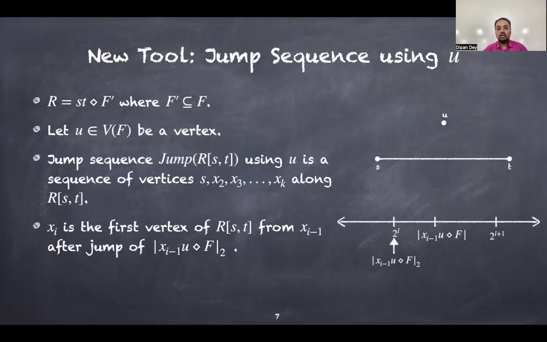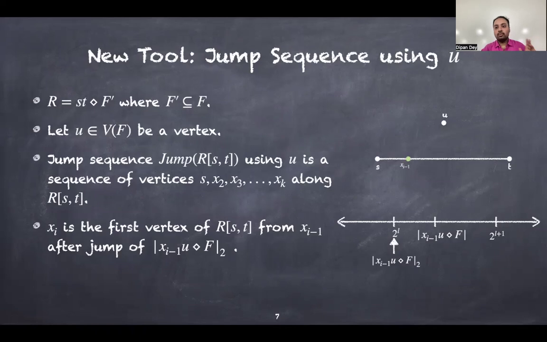Suppose the distance from xi minus 1 to u after avoiding f is somewhere between 2^L and less than 2^(L+1). In that case, the base 2 value will be 2^L. So the base 2 value of any particular number is the highest power of 2 below it.